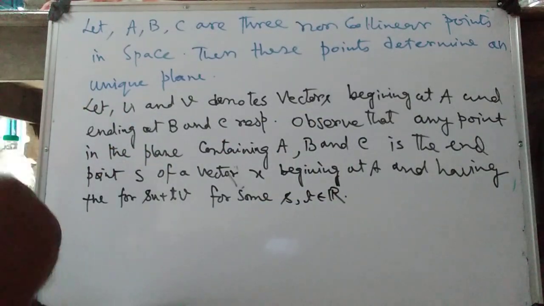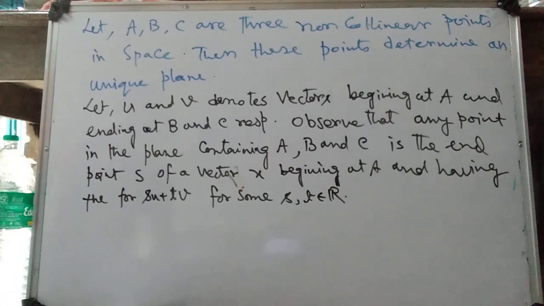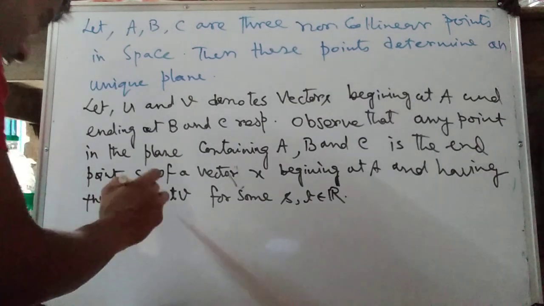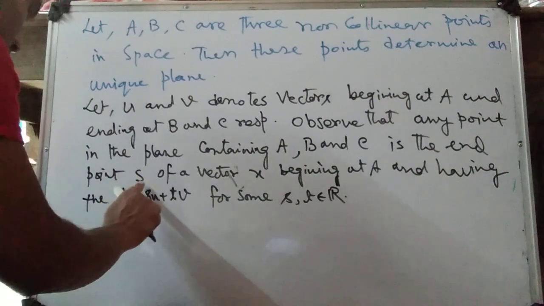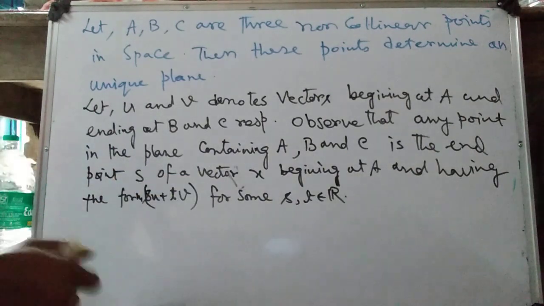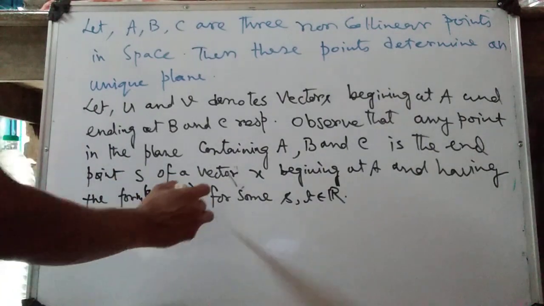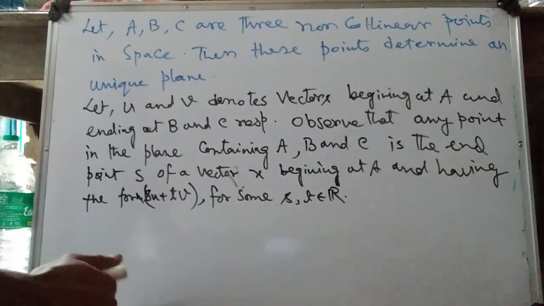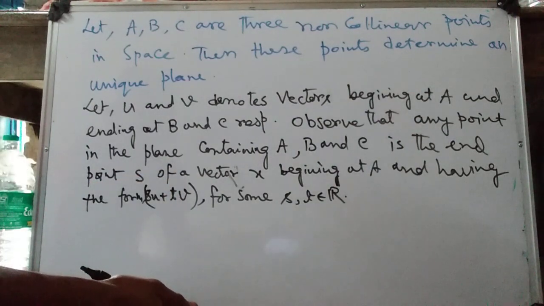Okay, that means u and v denote vectors beginning at A and ending at B and C, and then observe that any point in the plane containing ABC is the end point of a vector x beginning at A and having the form su plus tv, for some s and t belonging to R. Then what happened?